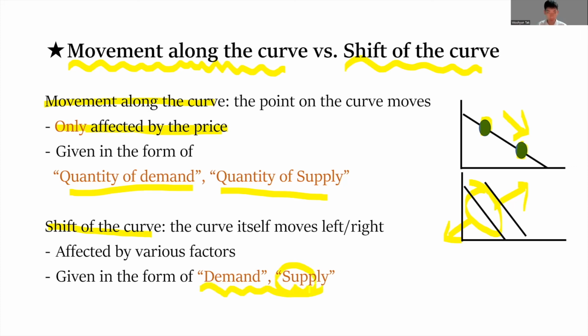So to sum up, if the question asks about the change in quantity demanded or supplied, you have to think of movement along the curve. However, if the question asks about a change in demand or supply, you have to draw the curve itself shifted to the left or right.